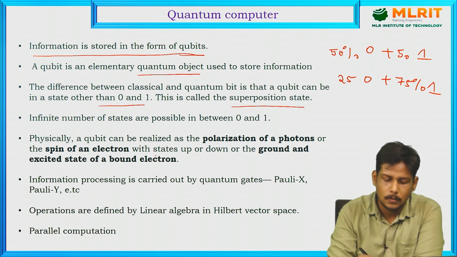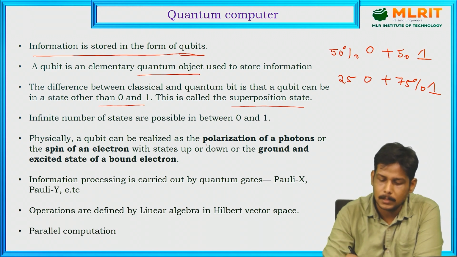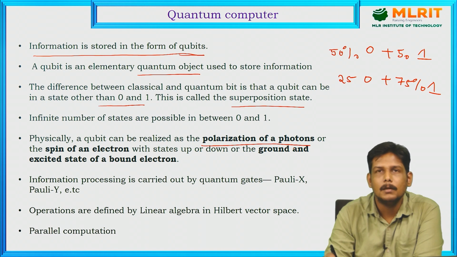Now, how can we physically create qubits? One example is the polarization of photons. Photons can be polarized in many different ways. Horizontal polarization or vertical polarization, we can choose as a 0 or 1 state.